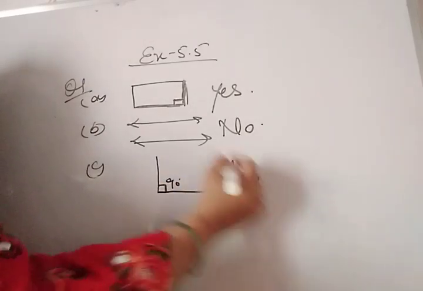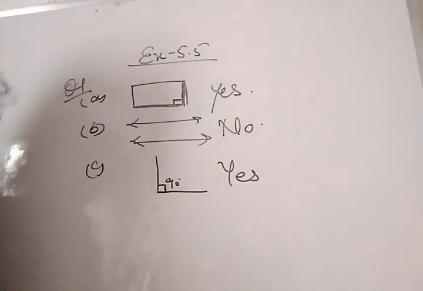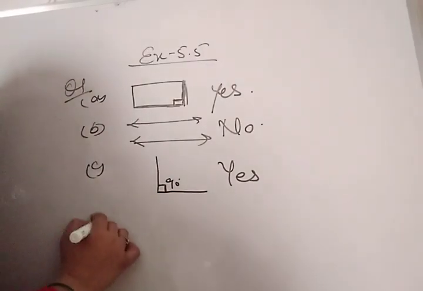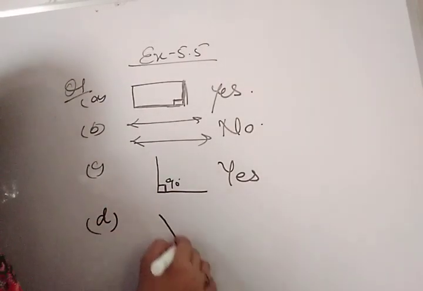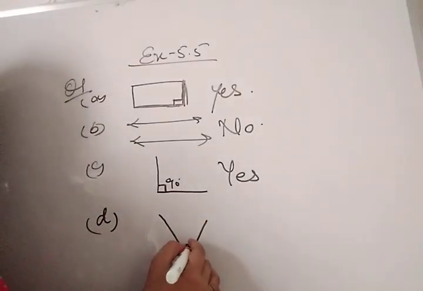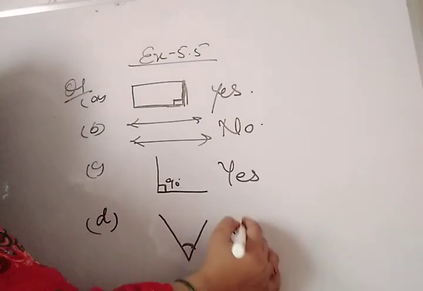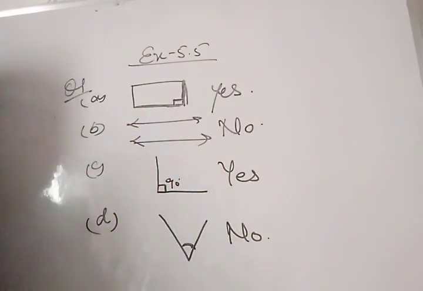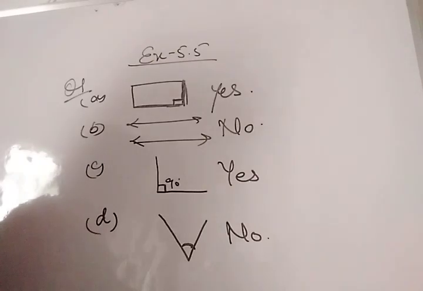So yes, they are forming perpendicular lines. Now the line segments forming a letter V. So this is not a 90-degree angle. So no, they are not making a pair of perpendicular lines.